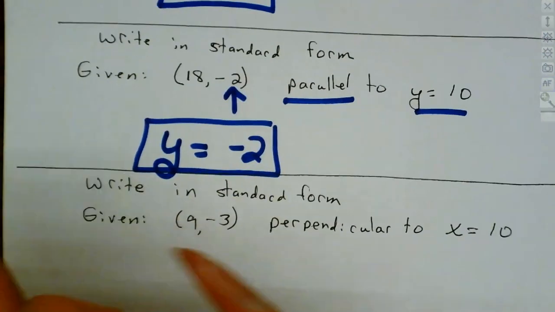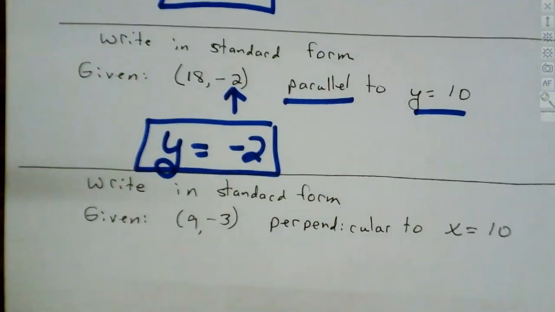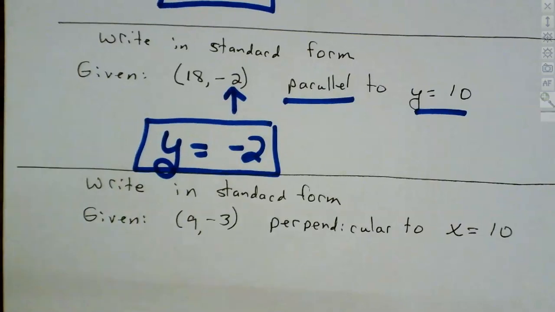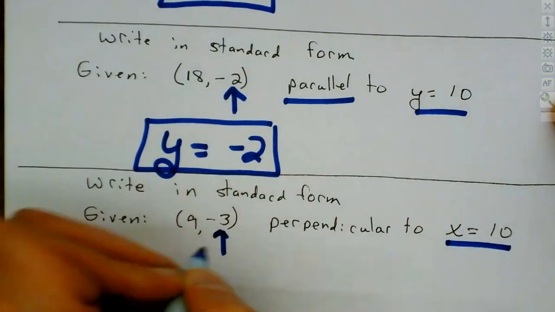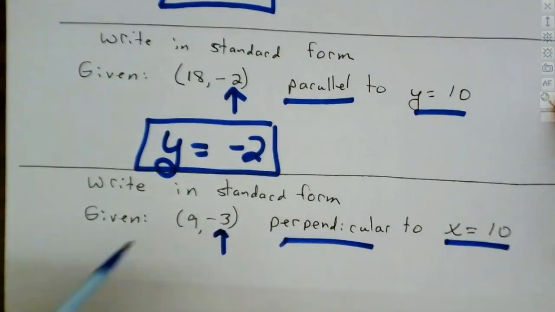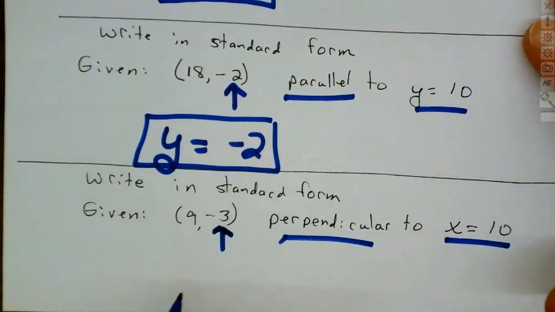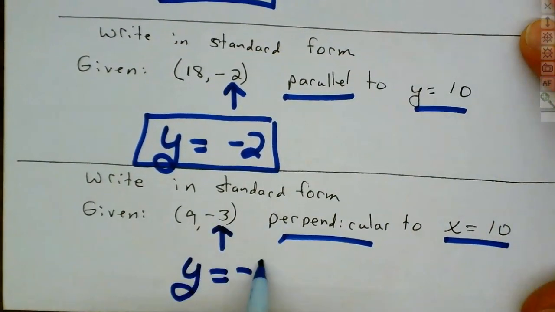Now, what do we know about perpendicular lines? Perpendicular lines are the opposite reciprocal. Okay, so they're opposite. Well, what's the opposite of a zero slope? An undefined slope. What's the opposite of an x line? That would be a y line. So perpendicular means the opposite. So what would the answer here be? Easy enough. Y equals what?